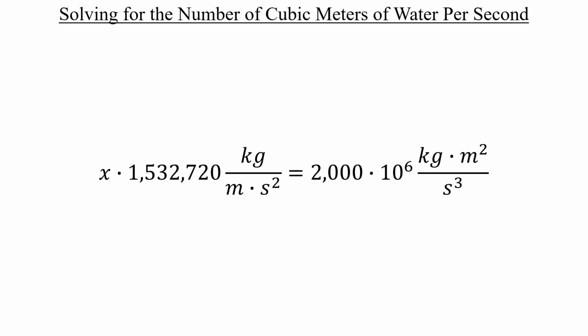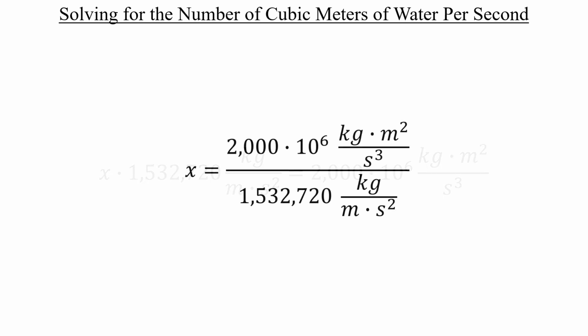With all that simplified, the plan is to isolate x on the left-hand side, which should result in units of meters cubed per second, if we've done things correctly. We have kilograms in the numerator above as well as the numerator below, so both of those can be eliminated.